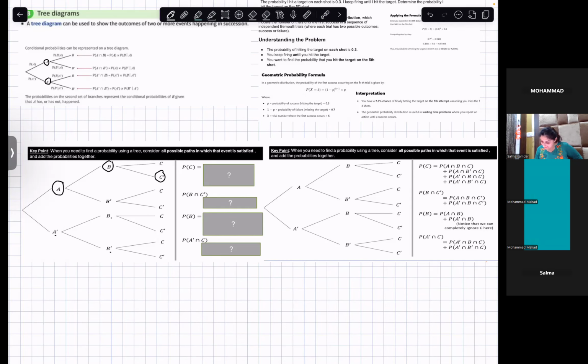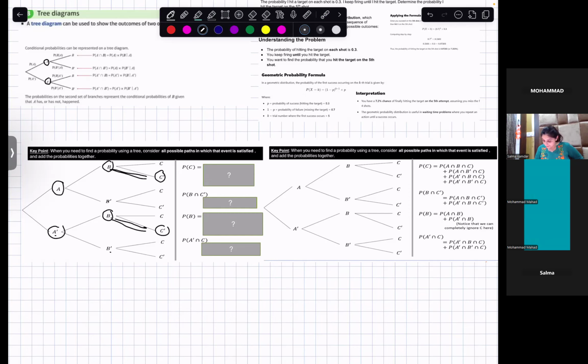And then probability of A naught into probability of B into probability of C naught. And then we add them together. Not C, it would be C naught. B intersection C naught.